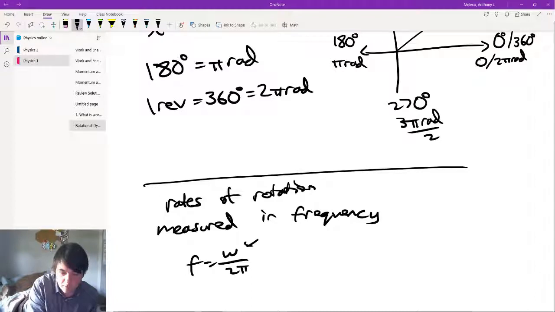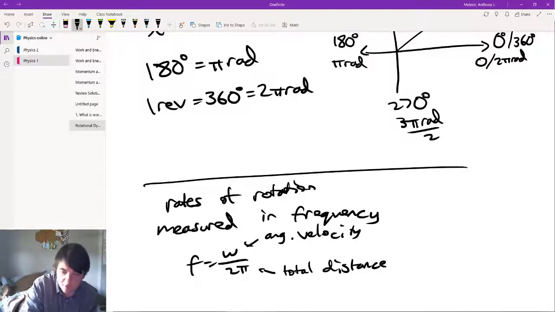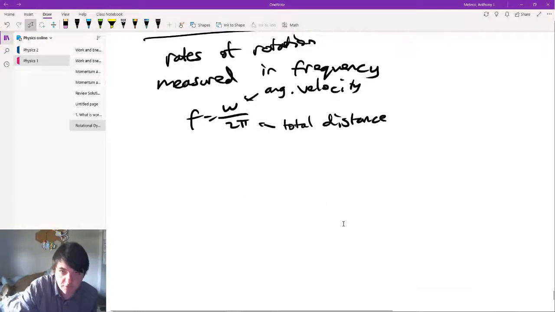So this is our angular velocity over our total distance, because this is the circumference, right? Our total distance traveled. So we get frequency, angular velocity over total distance.